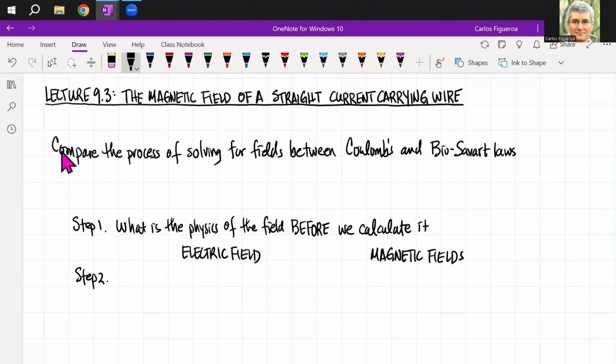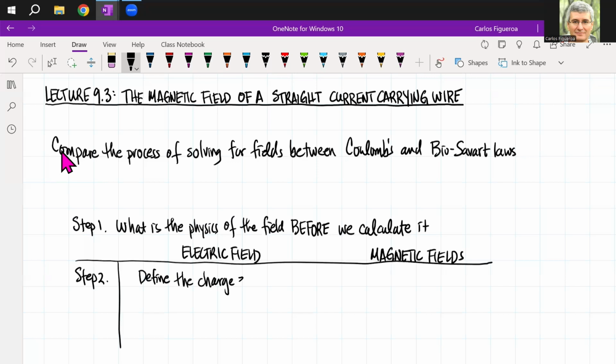So the first thing that we have to do for this is define the charge element, dq.